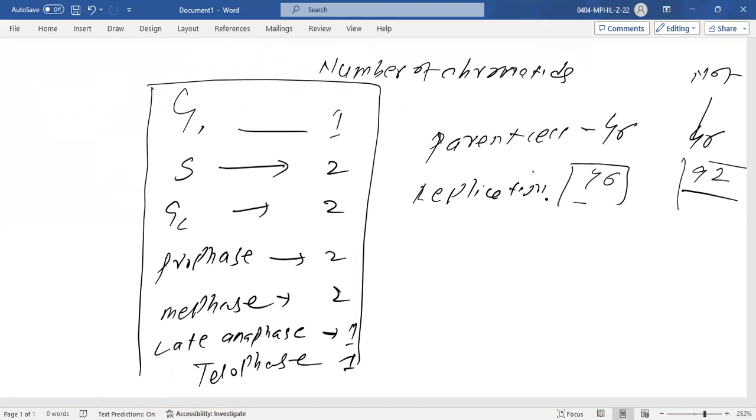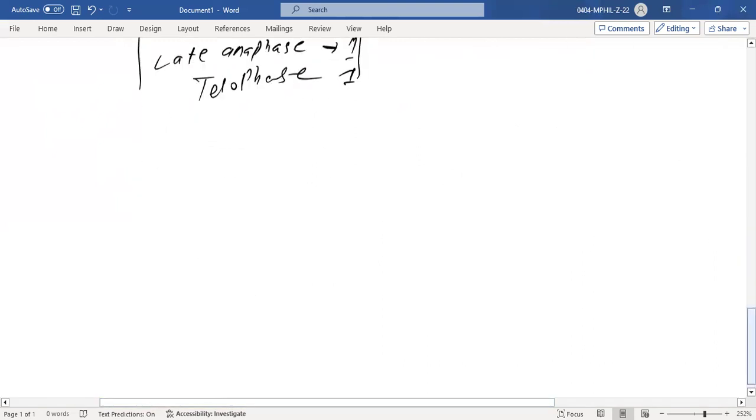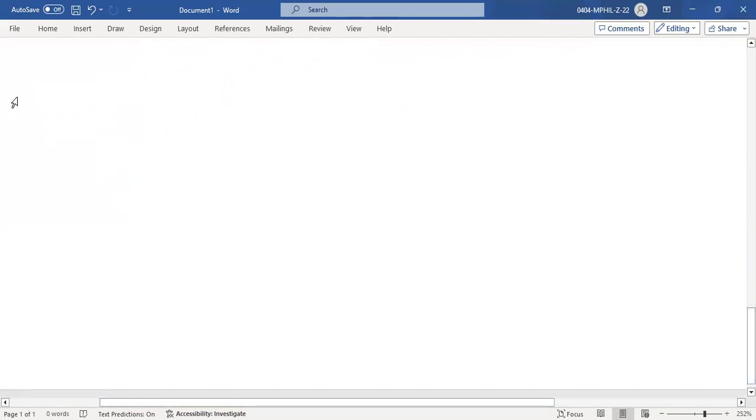So let's talk about interphase again. I think it would be easy for you because we have already discussed it. So just a short glimpse.